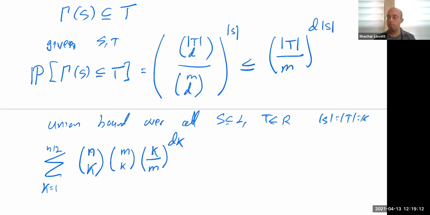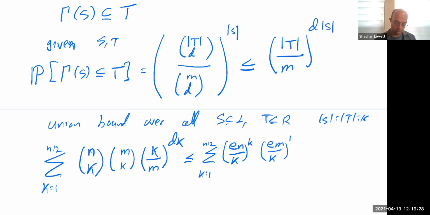And now if we just want to simplify it a bit, it's going to be at most the sum over k from 1 to n over 2. So n choose k is at most (en over k) to the k. m choose k is at most (em over k) to the k. And now we have (k over m) to the dk here again. So it's a bunch of things to the power k, so you can take this power k out.